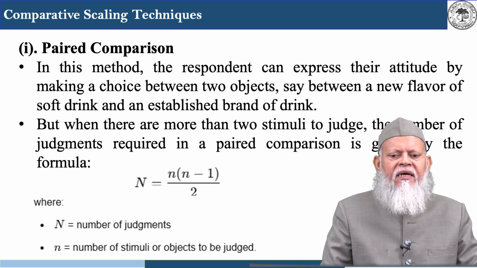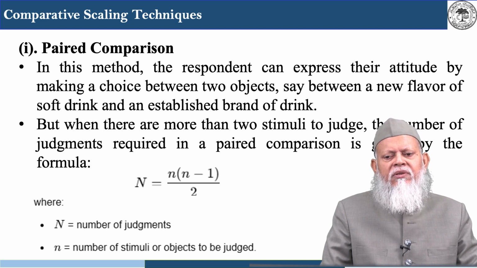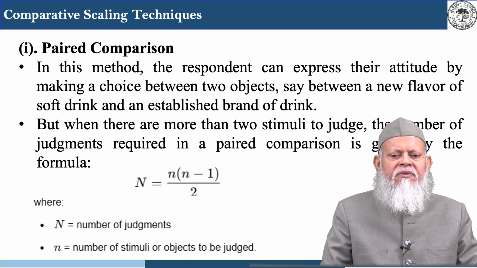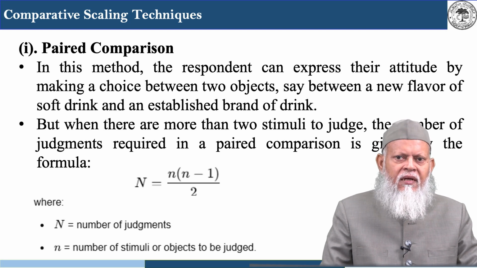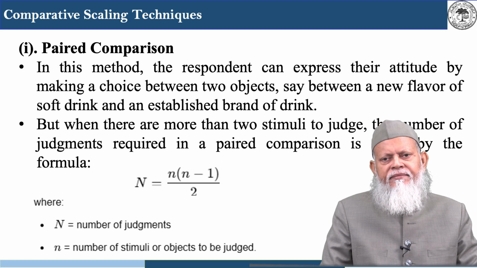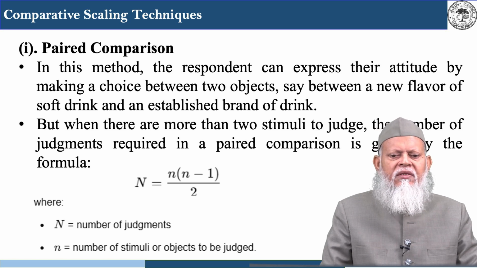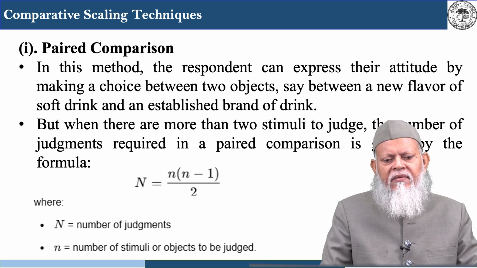However, when there are more than two stimuli to judge, the number of judgments required in a paired comparison is given by the formula N = n(n-1)/2. This is a universal formula for the number of judgments in a paired comparison.